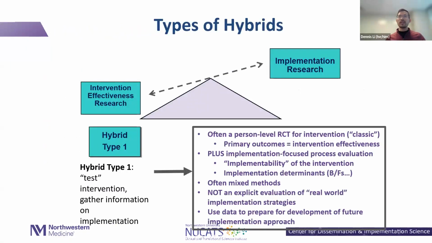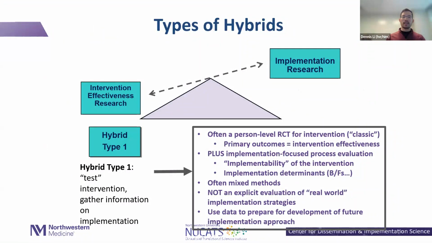Very briefly, there are three types of hybrid study designs again. The hybrid type 1 is the most closely related to effectiveness research. Here your main aim or goal is to test your intervention, and then you're going to gather some information about implementation.